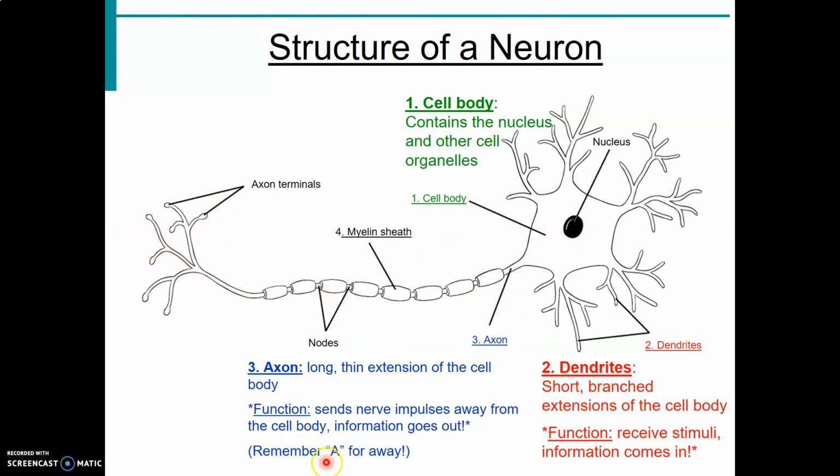And I like to remember this: axon starts with an A, and I remember that it transports neuron signals away from the cell body. And then finally, the myelin sheath here, which basically functions to insulate our axon, which functions to increase the speed of those nerve impulses that are traveling across those neurons.